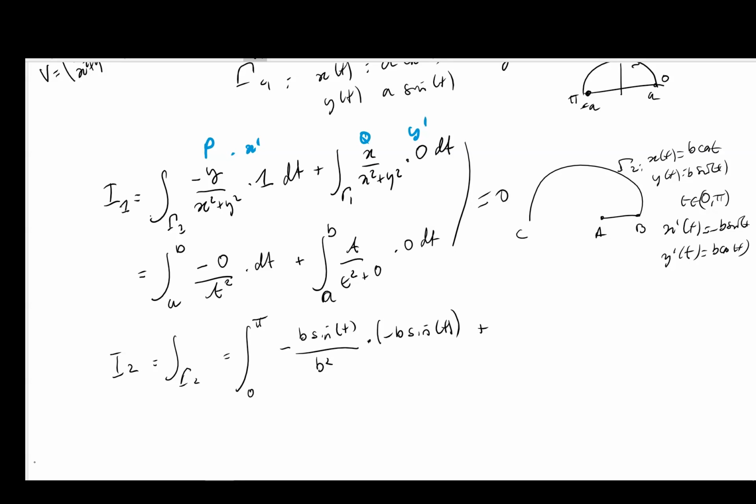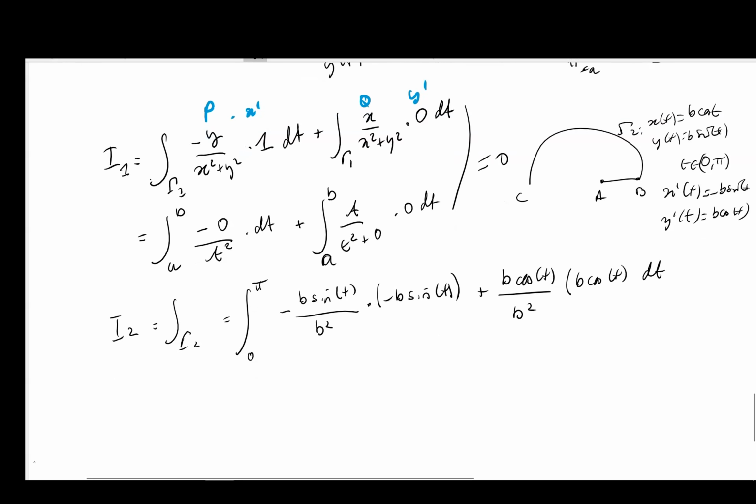Plus the Q component, which is x, so b cos t divided by that b squared, times y prime, which is b cosine of t, dt.